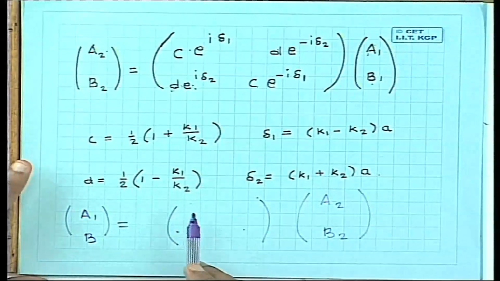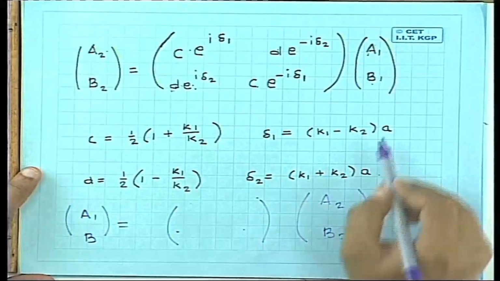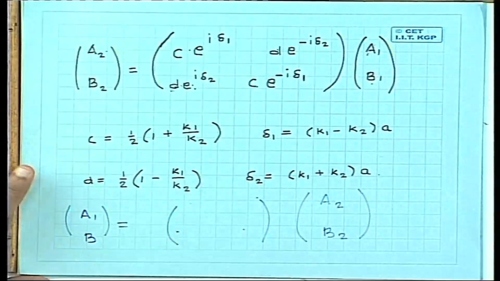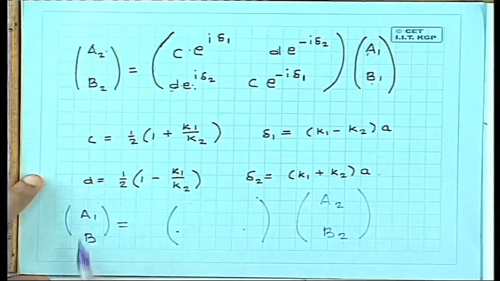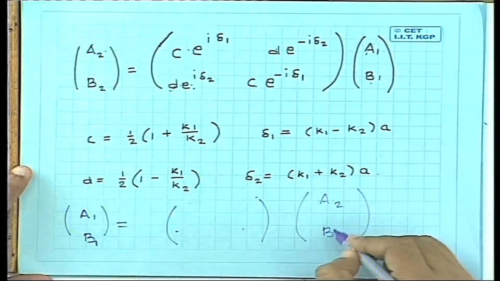And we are imposing the boundary conditions at the point minus A, so we have to also put minus A over here. So let us now write down the relation between A1, B1 and A2, B2.